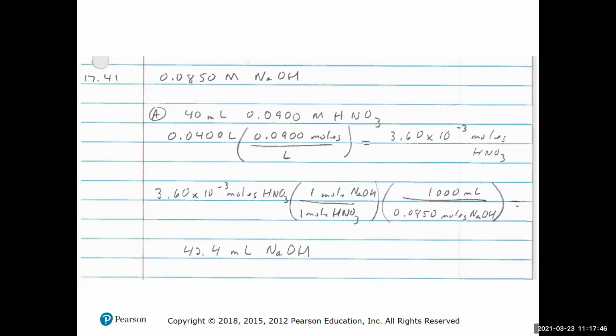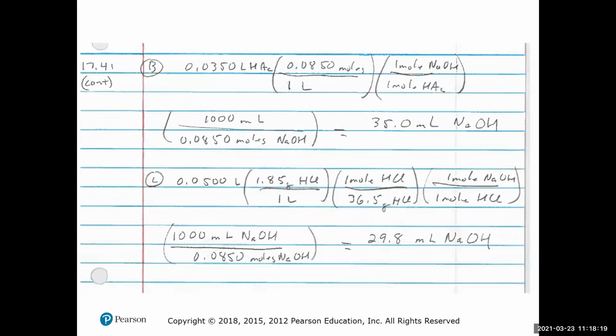The moles will be in the denominator, so the moles of hydroxide cancel out and leave us with mils of NaOH. Notice that when we wrote the molarity, we have moles in the denominator and 1,000 mils in the numerator. Because remember, 1 liter equals 1,000 mils. We wanted it expressed in mils. We do all that math and we get a value of 42.4 mils of sodium hydroxide.